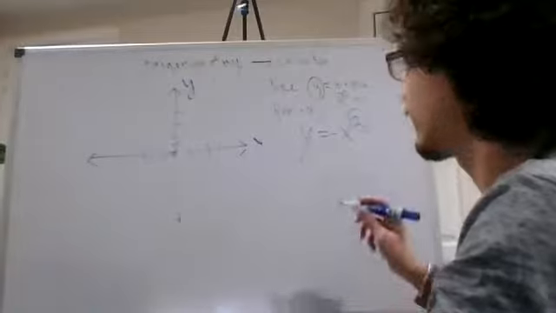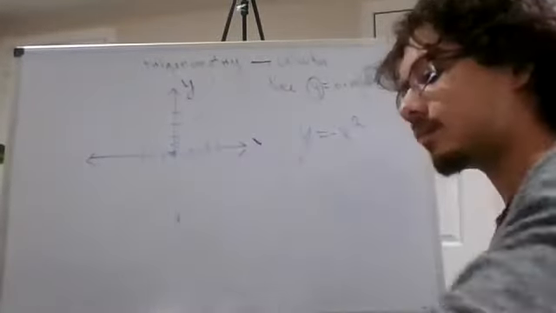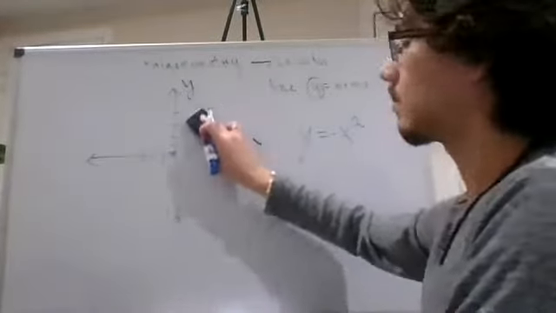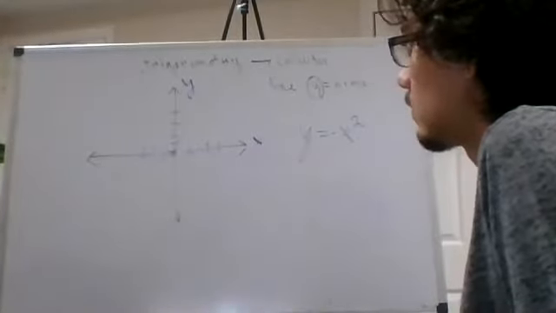So instead of just saying y equals x squared, what would happen if we said y equals negative x squared? Do we know what will happen? I'm thinking all of them will be positive.